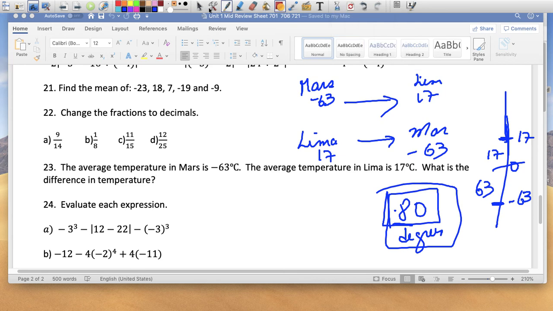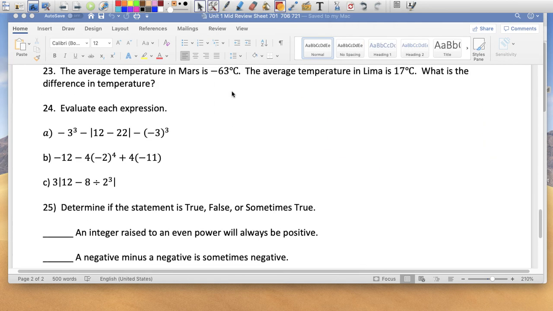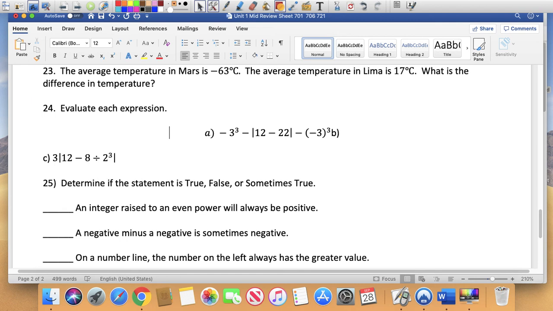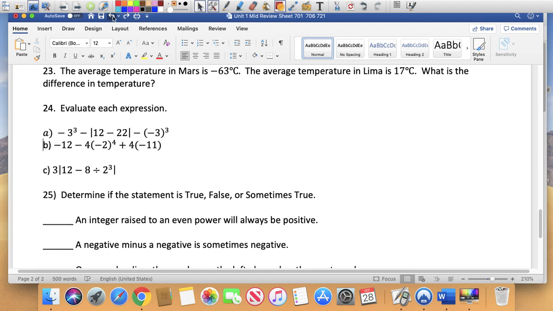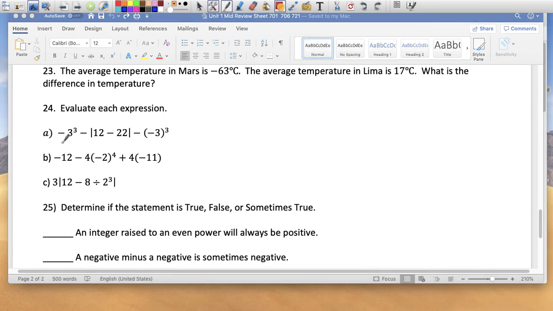Evaluate each expression. Yikes. Okay, so can I move this? No. Alright, so I'll just leave it as it is. So first one, again, I'm going to take this and write over here. It's negative 3 to the third power is 27.